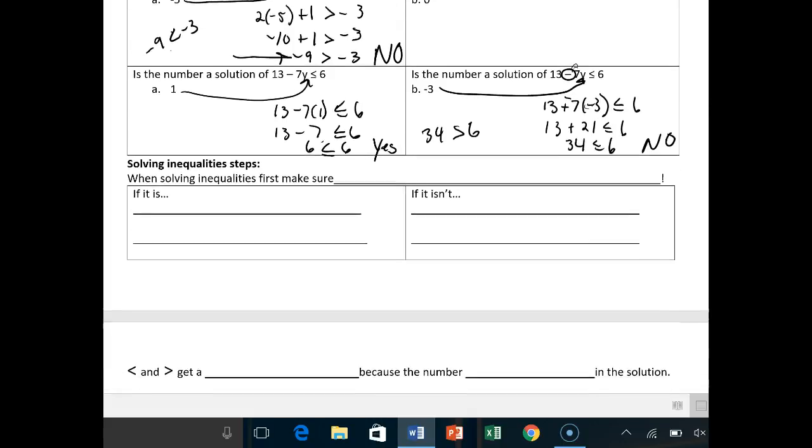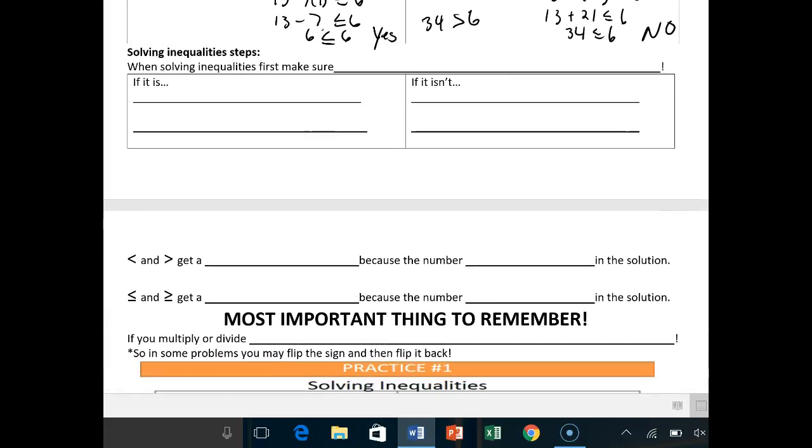Cool. A couple of things for solving inequalities. When solving inequalities, first make sure the variable is on the left side. That's the first thing you need to make sure. If it is, solve it like a two-step equation.